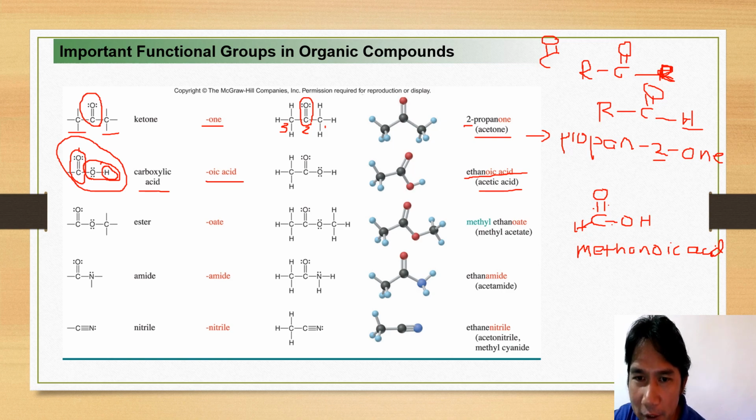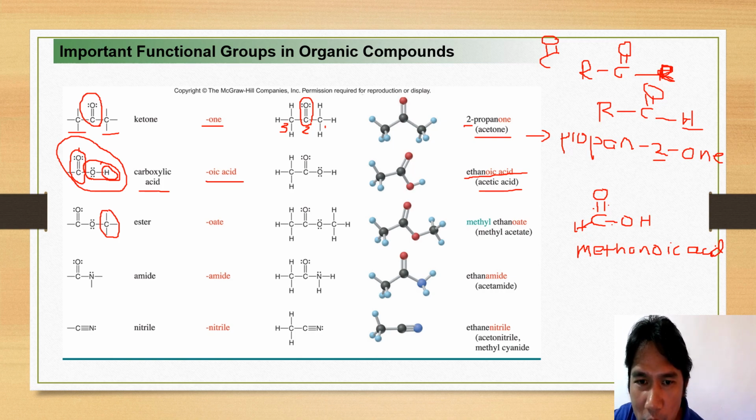Next we have ester. To form an ester, the hydrogen here in carboxylic acid, take note, in carboxylic acid there's hydrogen bonded to the oxygen. But in ester, the hydrogen is replaced by a carbon, by an alkyl group.